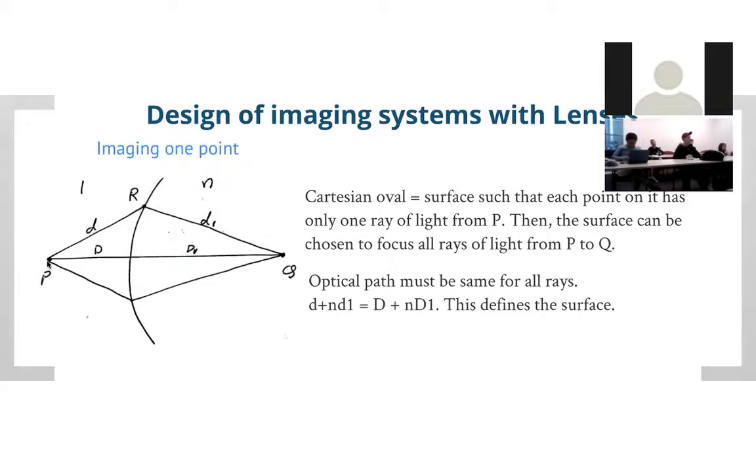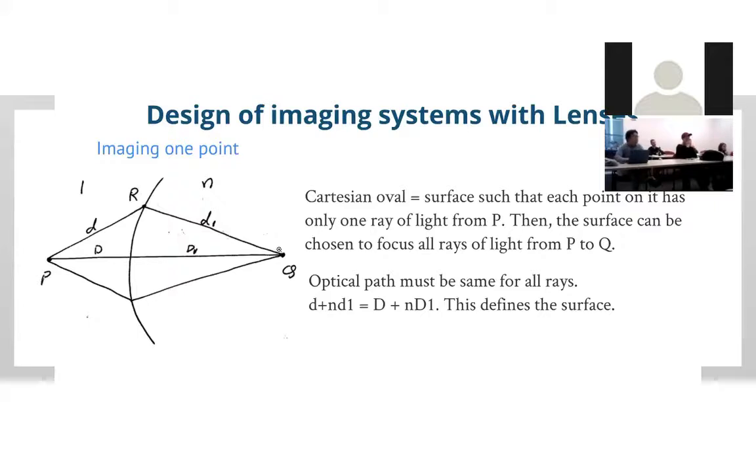What that means is that I can form a perfect image of a point source with a single surface. It's a little bit abstract, but you can imagine drawing a ray at any angle you want, because every ray is a little bit different. I can change the shape of this surface such that any ray that comes in here bends towards Q.